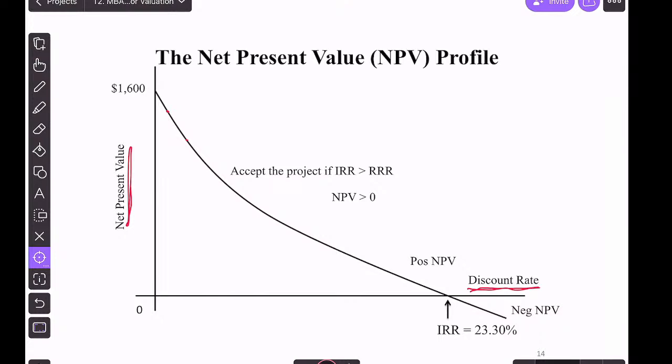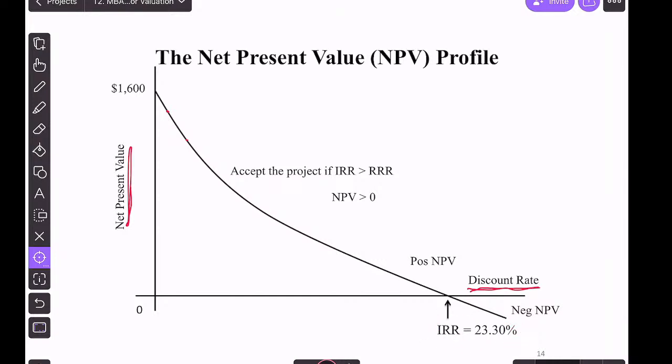Well, the net present value is positive for all of these discount rates. You see, it's in the positive region. So as long as the discount rate that your company wants to use, the required rate of return, is less than the value you found for the internal rate of return, you should accept the project.